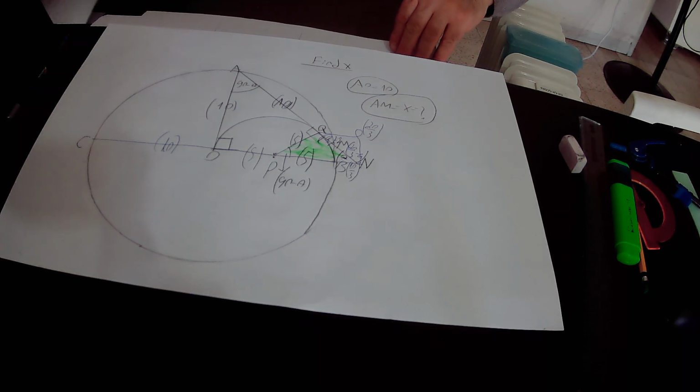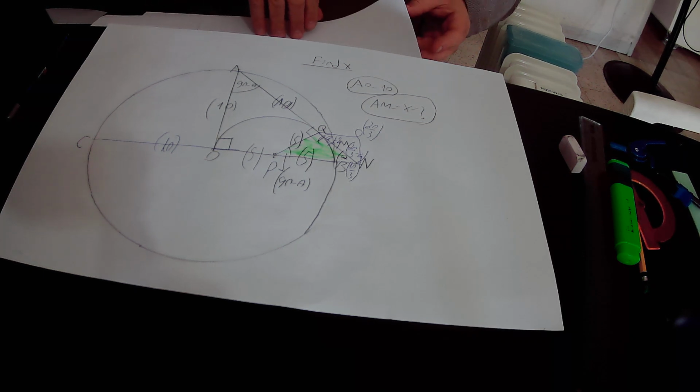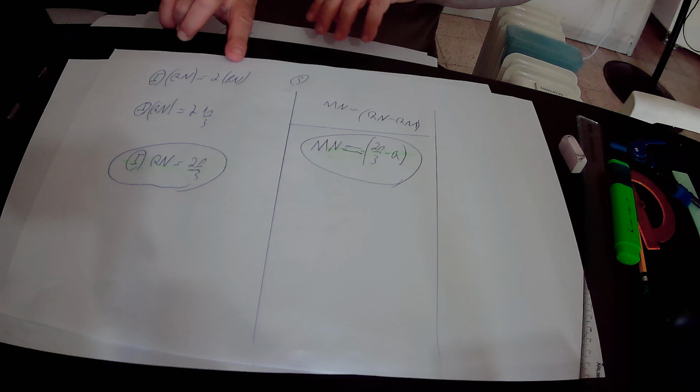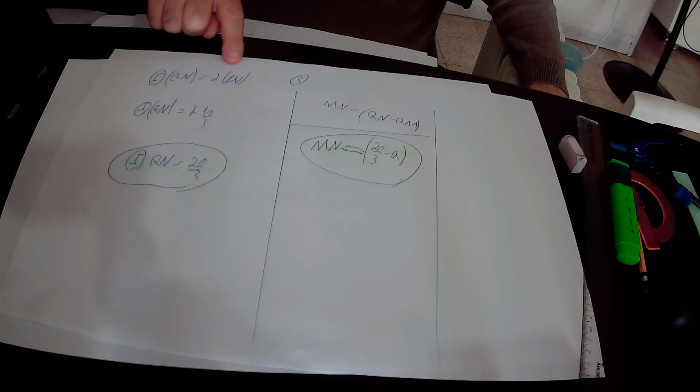While according to equation number 1, we have already found that Qn equals 2 times Bn. That is to say, Qn equals 2 times Bn, but Bn is 10 over 3. So we put the value of Bn inside equation number 1.